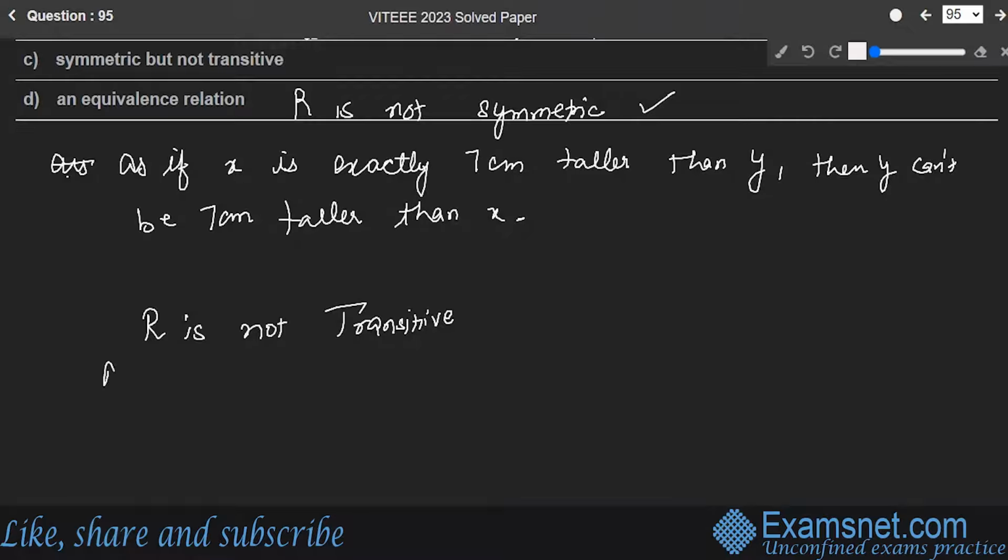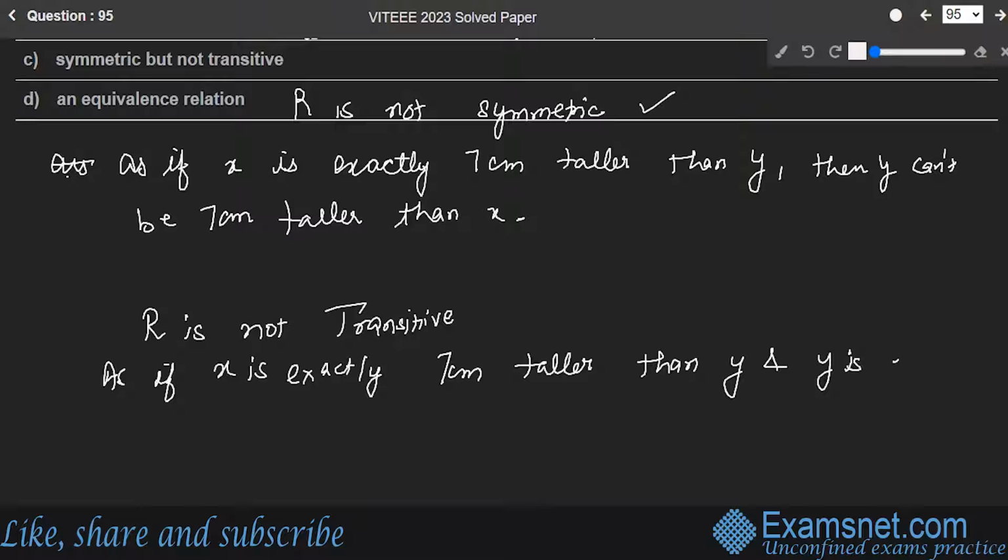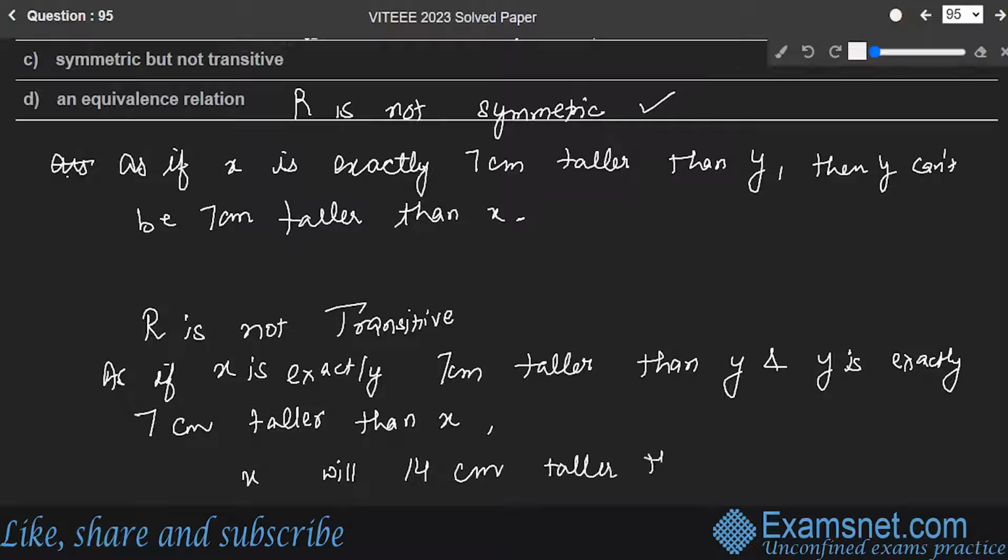As if X is exactly 7 centimeter taller than Y, and Y is exactly 7 centimeter taller than Z, according to this, X will be 14 centimeter taller than Z. Okay, so even it's not transitive.